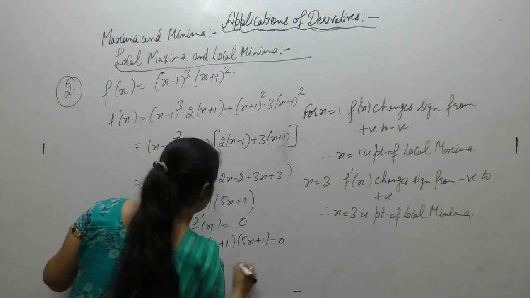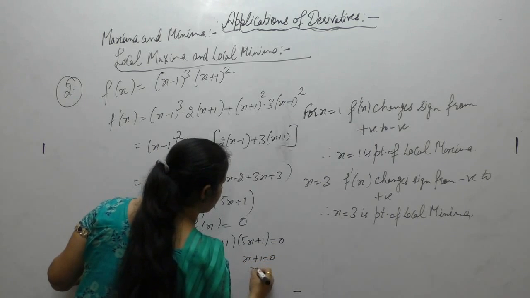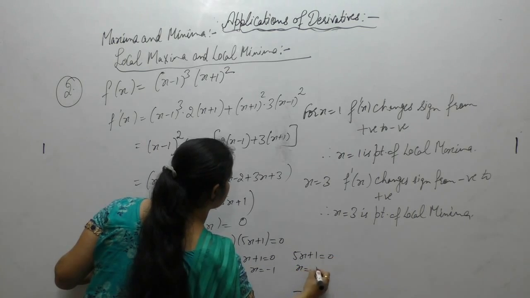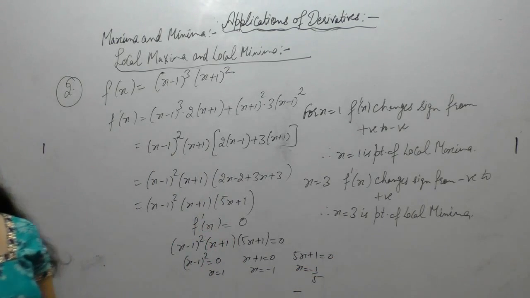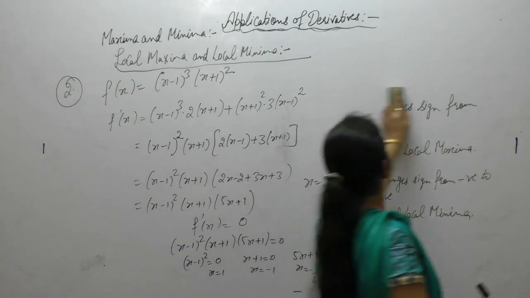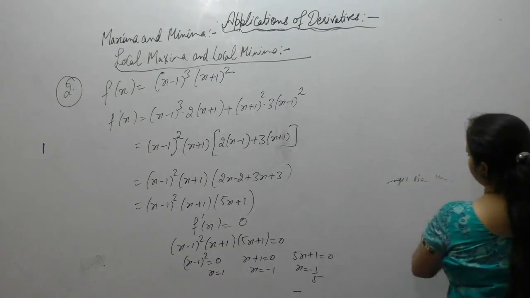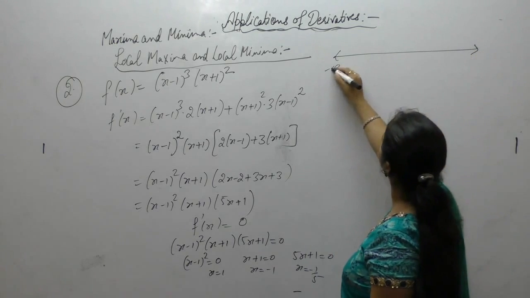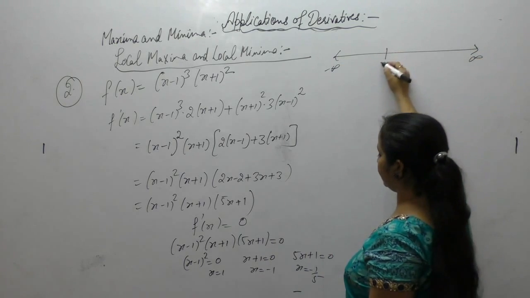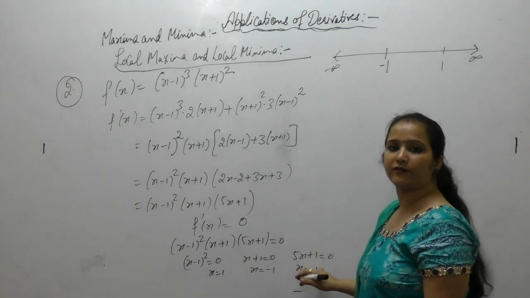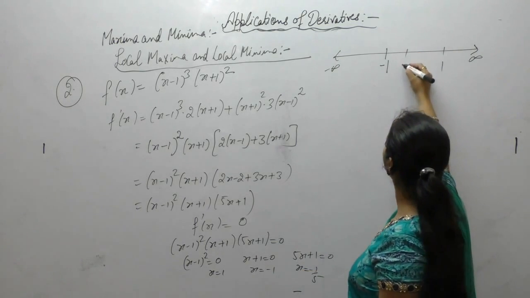From here we get x equals 1. x plus 1 equals 0, so x is minus 1. 5x plus 1 equals 0, so x is minus 1 upon 5. Now we get the points. Points are minus 1, 1, and minus 1 upon 5, that is minus 0.2.